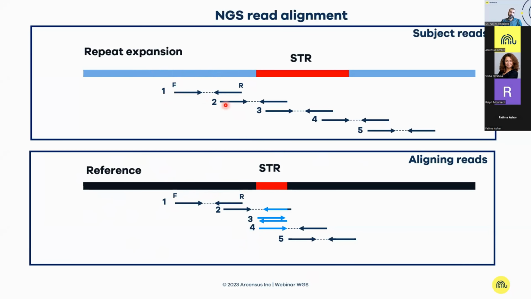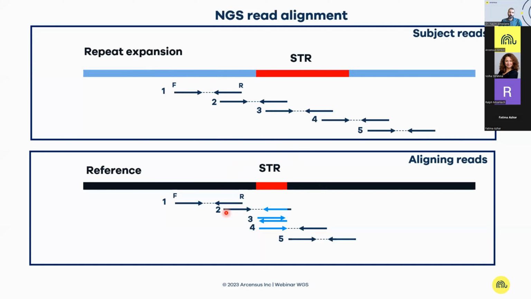However, if you take the second fragment, of which the reverse read aligns to the expanded repeat, the tools that are used to align these reads to the reference genome will attempt to align the entire fragment to the reference genome.